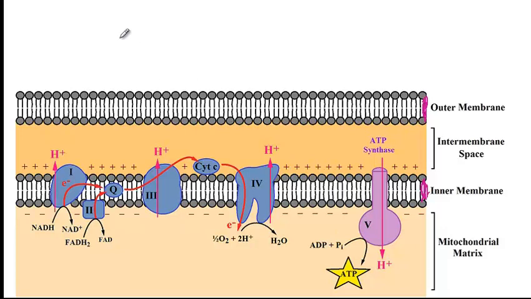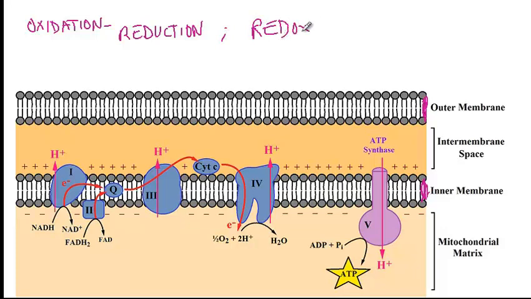Let me clear the board here for you and provide some background information about the oxidation reduction reactions going on here in the electron transport chain. The chemical reactions in which electrons are transferred from one molecule to another are called oxidation reduction reactions, or redox reactions.